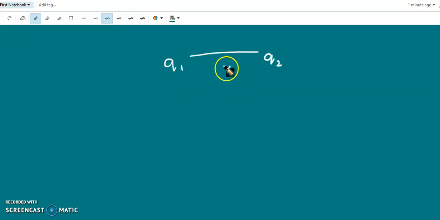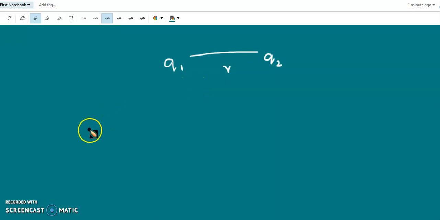Even though they are separated by a distance R, there is no physical contact between those two charges. Even then, there is a force of interaction between them. So those charges interact through the electric field.